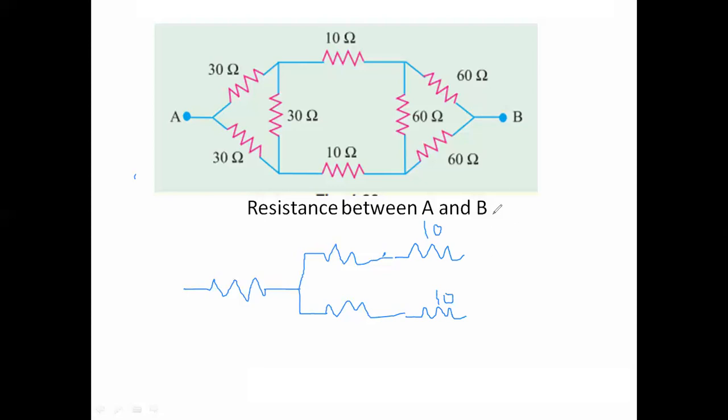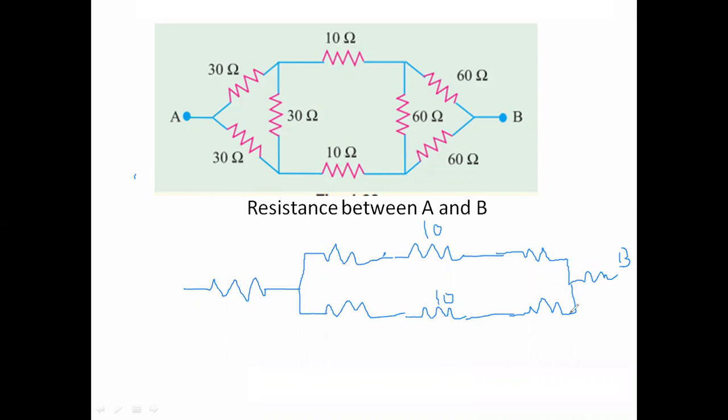This is the B. So now this star network is connected to 10 ohms.